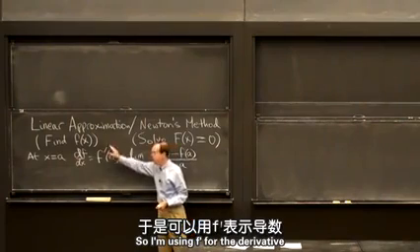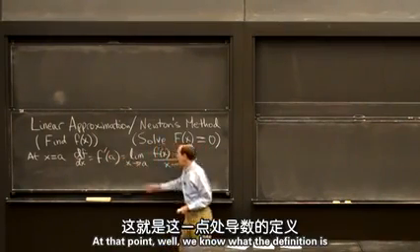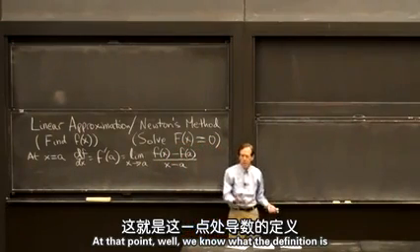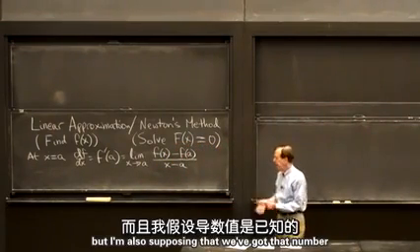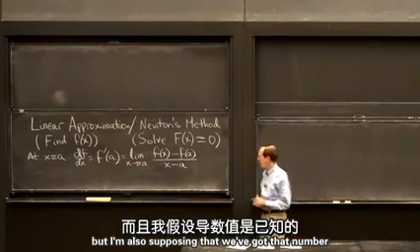So I'm using f prime for the derivative. At that point, we know what the definition is, but I'm also supposing that we've got that number.